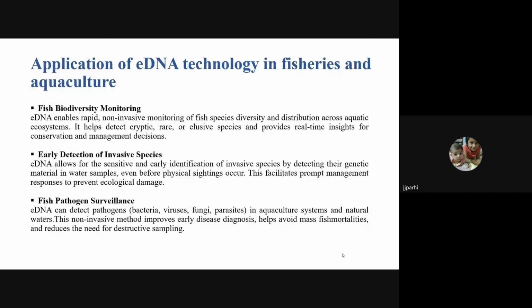If you have the sample, you can detect them before you physically see them. Then there is pathogen surveillance, like bacteria, viruses, fungi. We see these pathogens when there is an infection or disease prevalence. But if you can identify these pathogens before that, we can prevent the disease and take action.